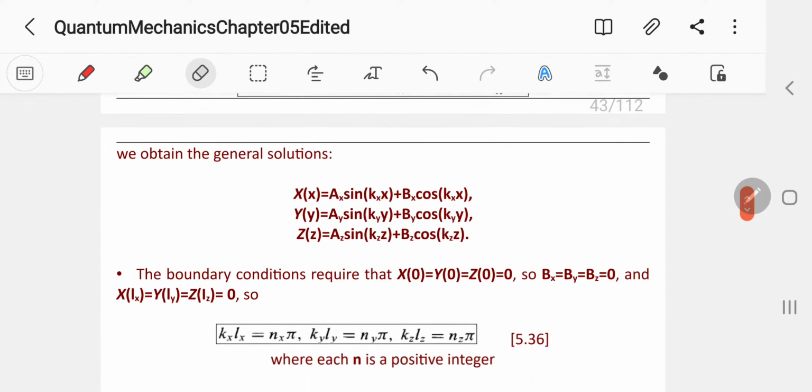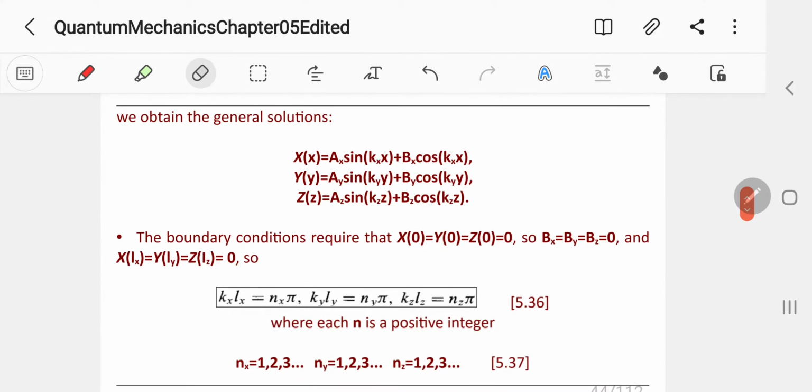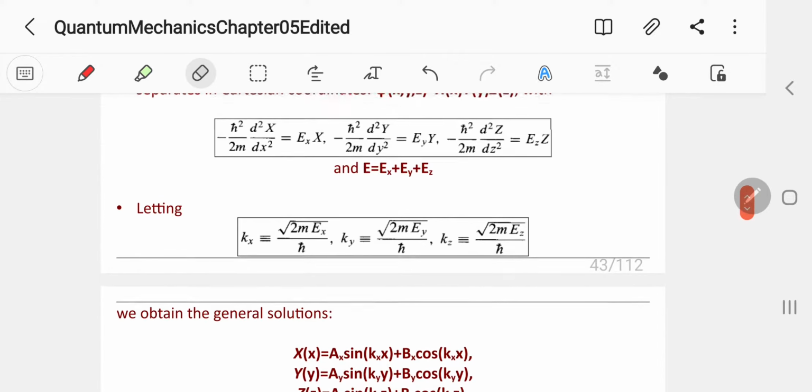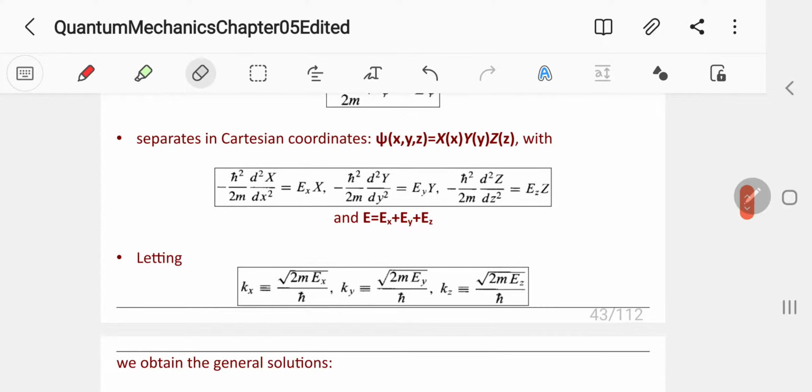So we can obtain the solutions. If we go back, each of these is just a particle in a square well.